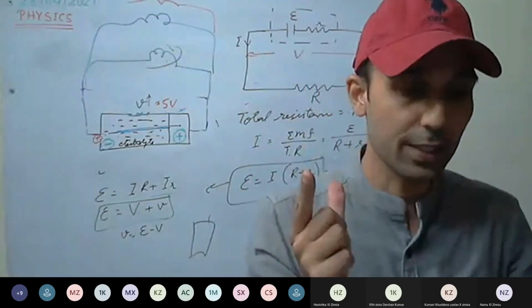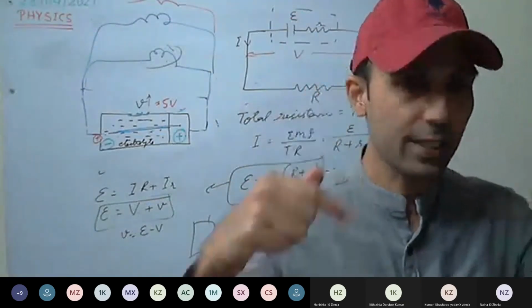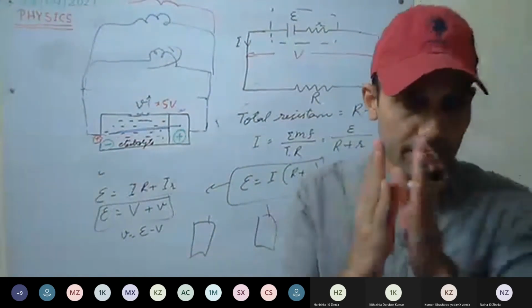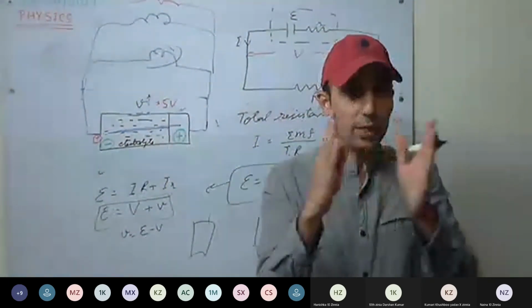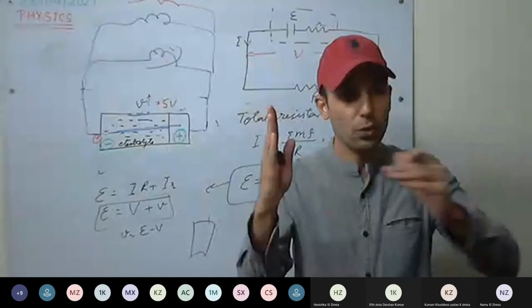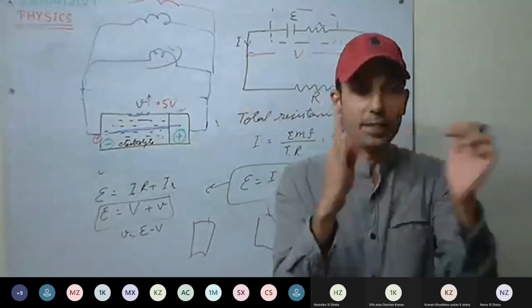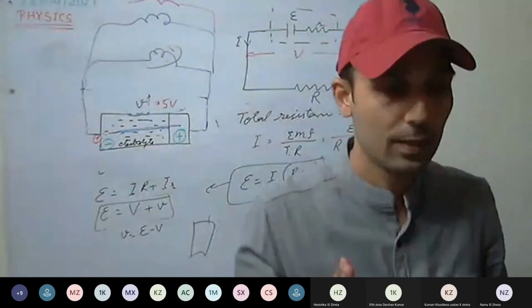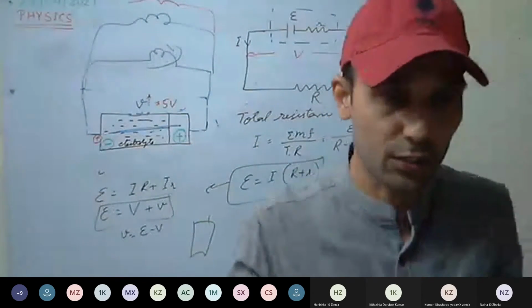First factor: surface area of the electrode. Second: distance between the electrodes. More the distance, more the resistance. Less the distance, less the resistance. This we already discussed. And third, the nature and concentration of the electrolyte.